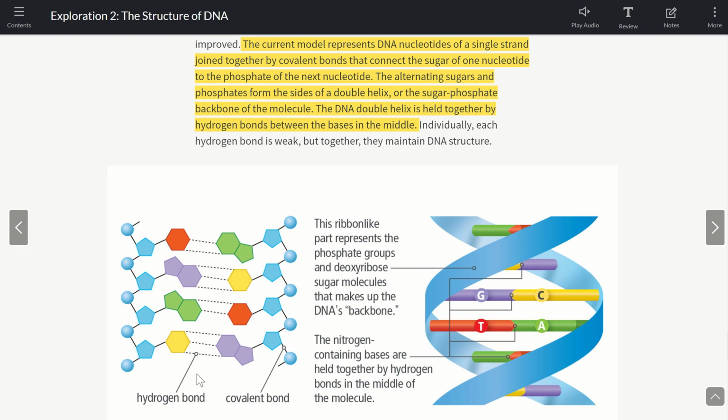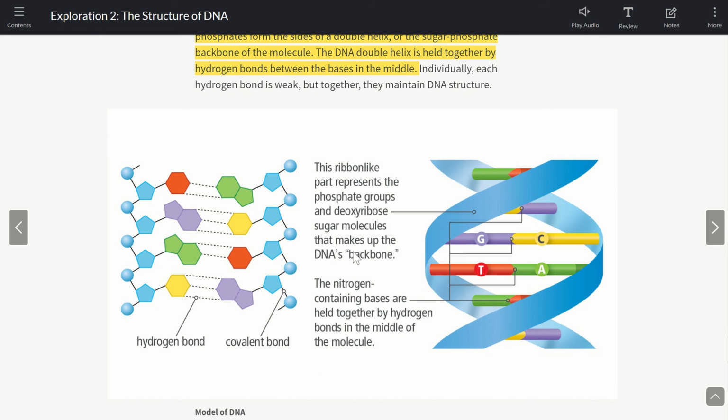Now, if you remember back, hydrogen bonds are not actual bonds where an electron is shared. Hydrogen bonds are created by an electromagnetic attraction between polar molecules. So there's not actually a real bond that's formed here. It's more just like a magnetic attraction. It's very easy to form, but it's also very easy to pull apart. And that's going to be important as we talk about how the DNA molecule is actually used.